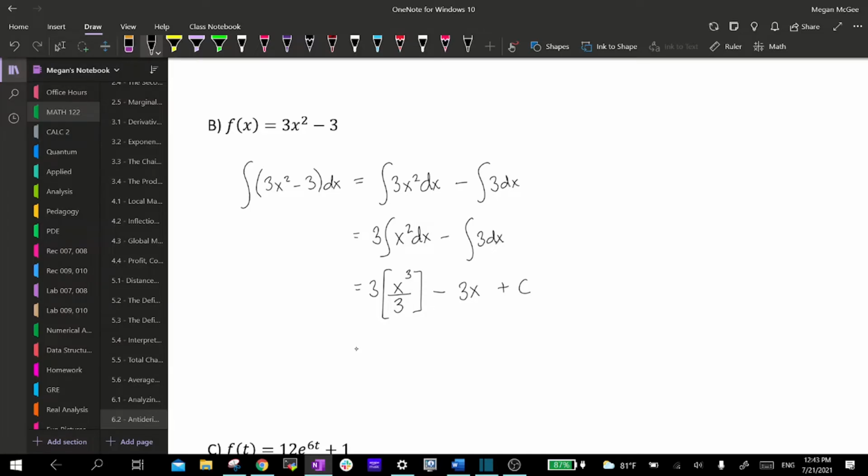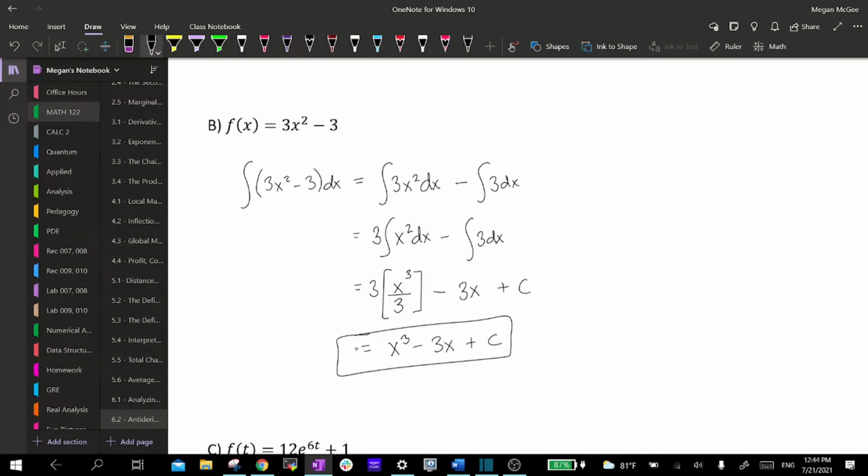And so if you multiply c by 2, or if you do anything with any other number to c, it's just going to kind of get absorbed into this all-encompassing constant, okay? So that's why we don't need to write plus 2c or something. It's just c no matter what, okay? And so then these 3's cancel out and we get x cubed minus 3x plus only our 1c, and that is our antiderivative for part B.